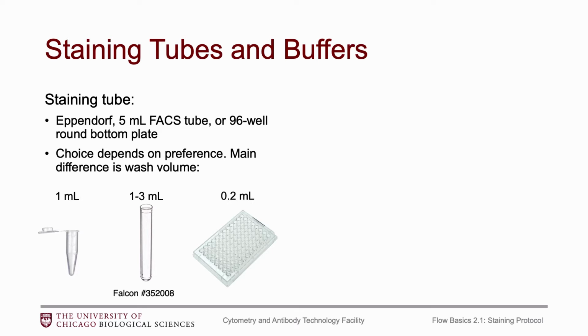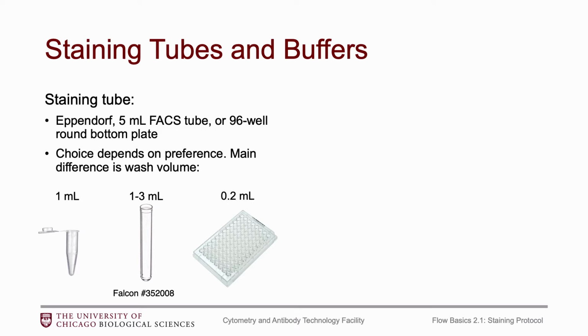Another thing to keep in mind with your staining tube is that some instruments require a specific tube type to run your sample. So it's up to you if you are okay with transferring your samples from one tube type to another. So if you wanted to stain in Eppendorf tubes, then use a Fortessa, you would have to transfer your sample from the Eppendorf tube to the FACS tube.